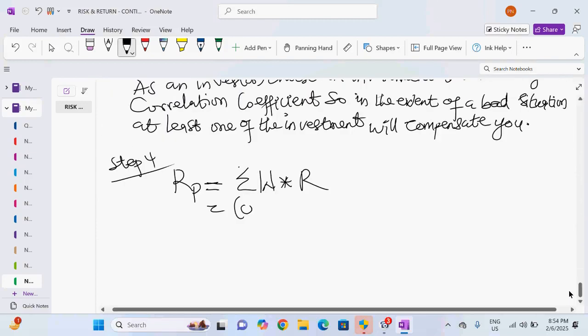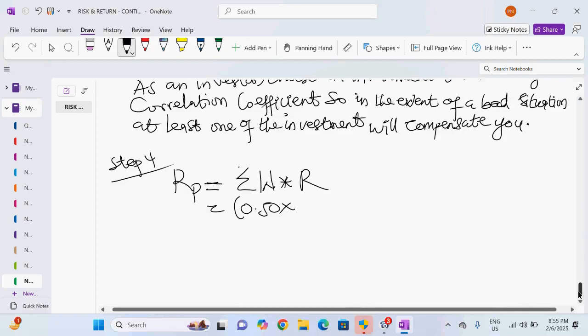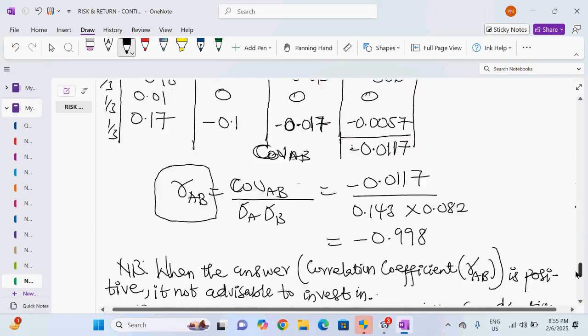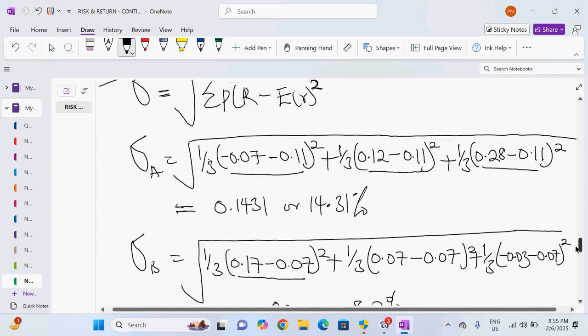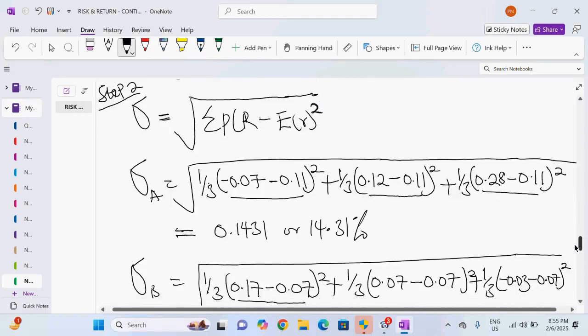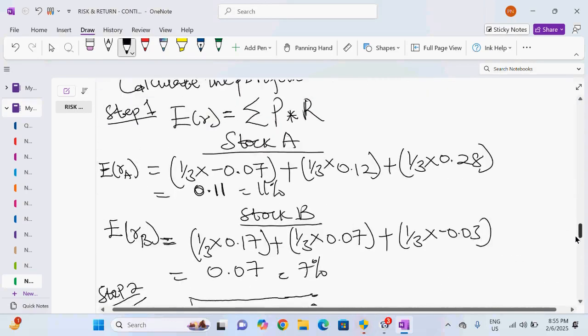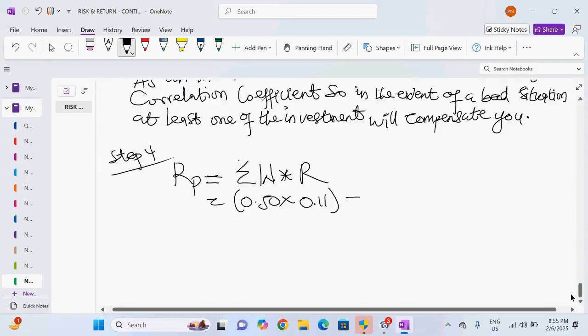So the weight is 0.5 times the return of stock A. What is the expected return for stock A? 0.11.